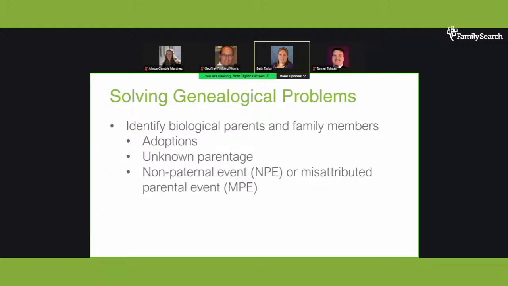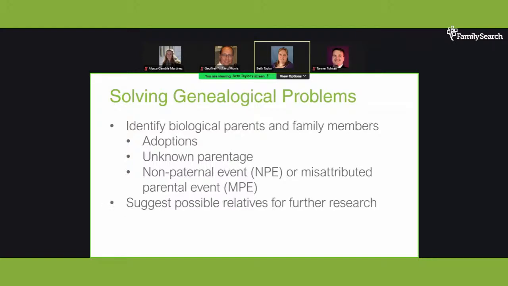We can also solve them in cases of what are sometimes referred to as non-paternal events or misattributed parental events. These are events where the parent of record is not the biological parent. A lot of times this tends to be a father situation where the father of record isn't the biological father, and so we want to figure out who that is.